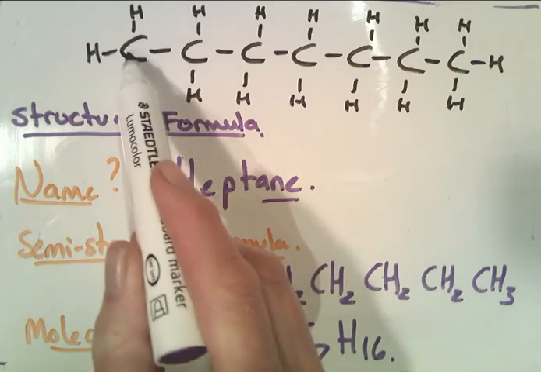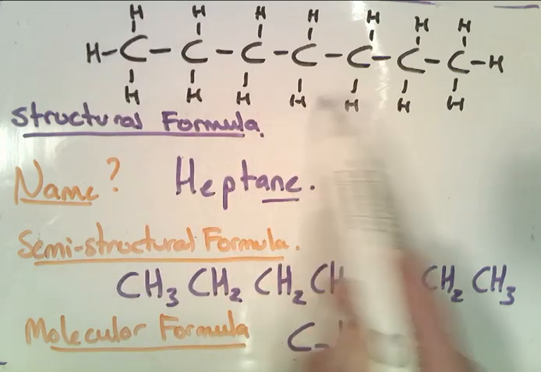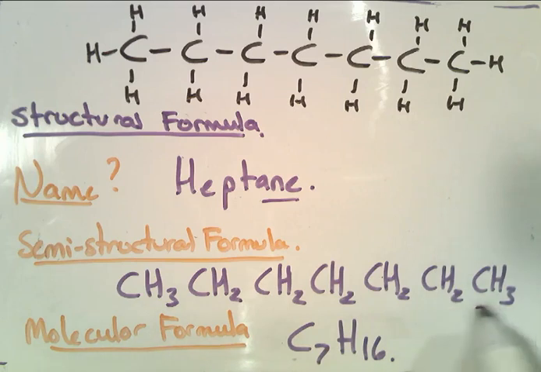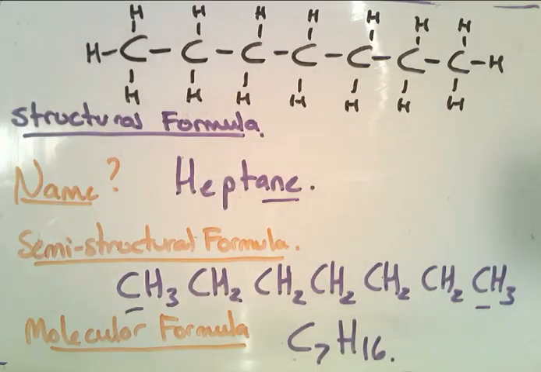The semi-structural formula is CH3, CH2, CH2, CH2, and then CH3 on the end. The molecular formula is C7, there's 7 of them. If you double that, it's 14, plus the 2 for the ends, makes it 16.